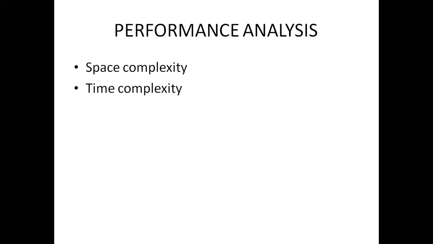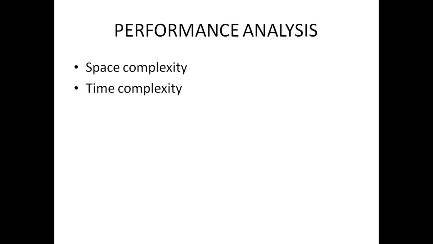Okay, so coming to space complexity, what does space complexity mean? The amount of space required. The space complexity of an algorithm is the amount of memory it needs to run to its completion.